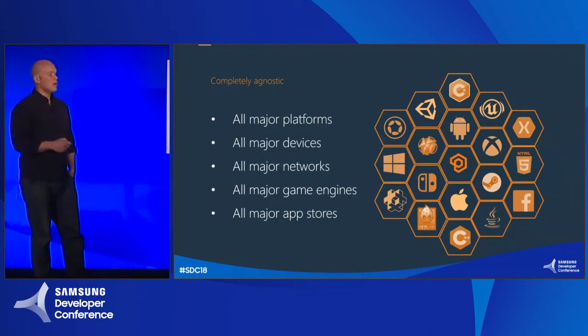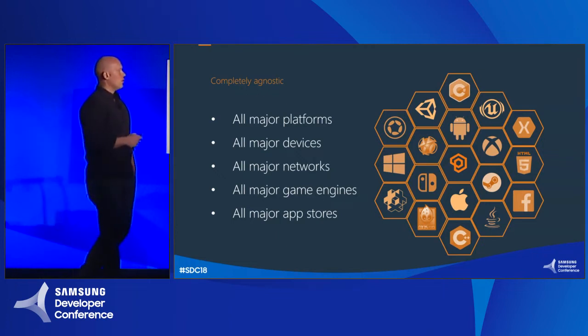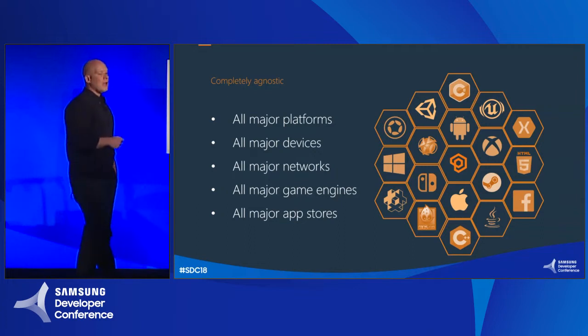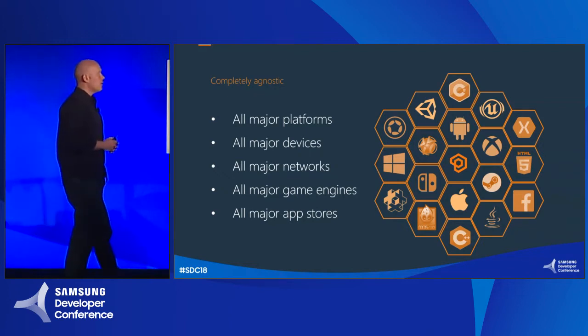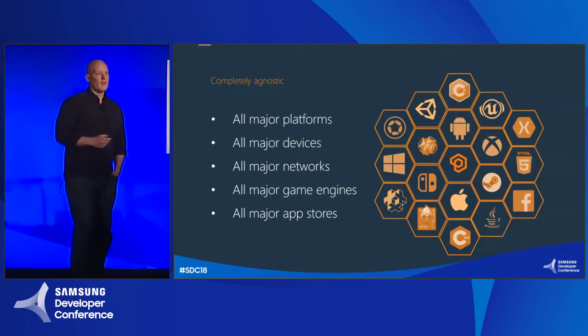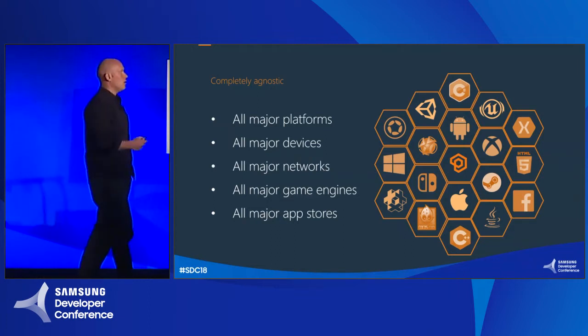We also support all the major game engines, Unreal and Unity, and all the major app stores that we integrate natively with. This is key because when you look at all the successful games today, while they might launch on just 1 or 2 platforms, they expand over time. Almost every popular game now is trying to figure out how they can get onto as many platforms as they can, because for the most part, devices are becoming very similar in their capabilities.